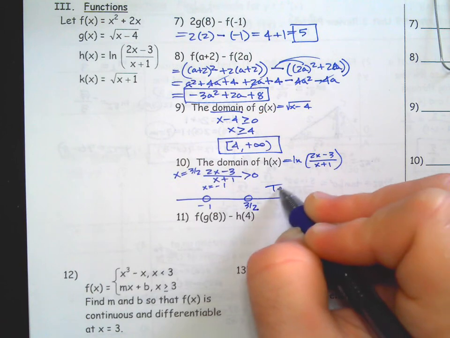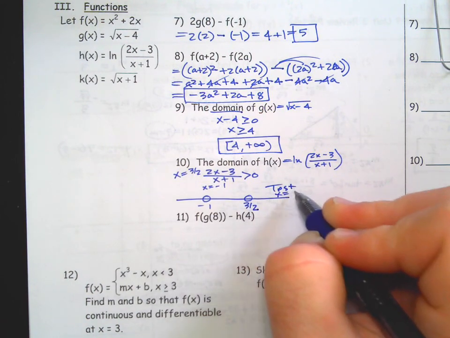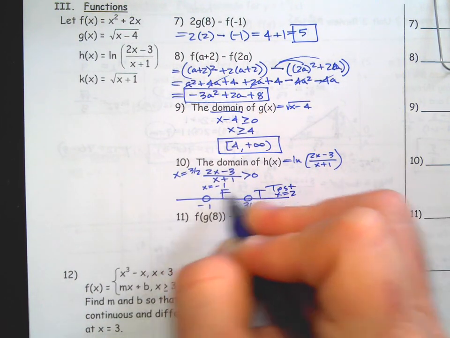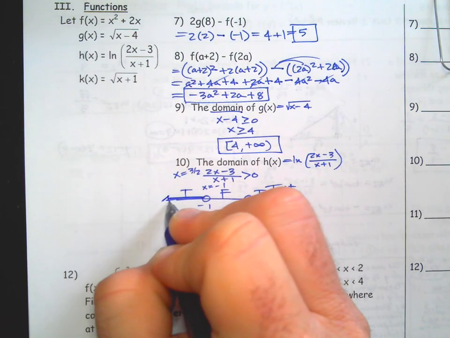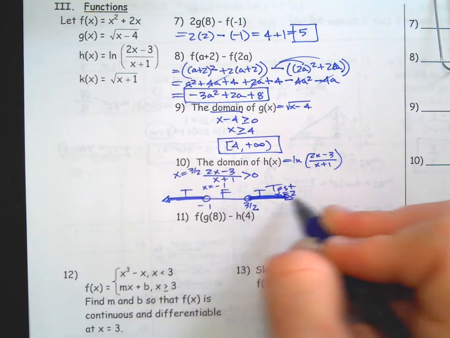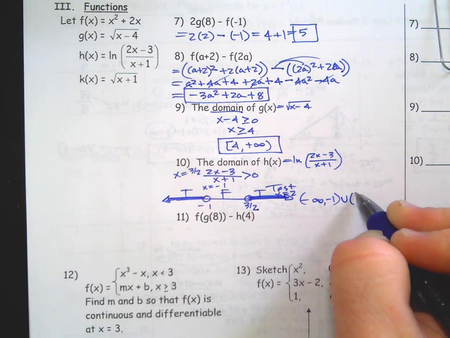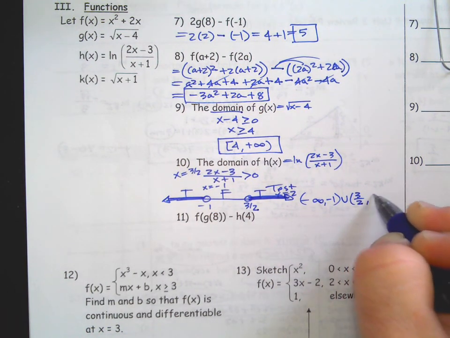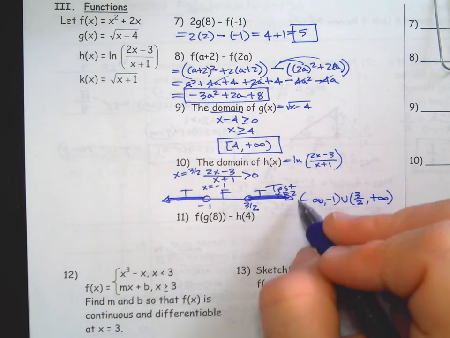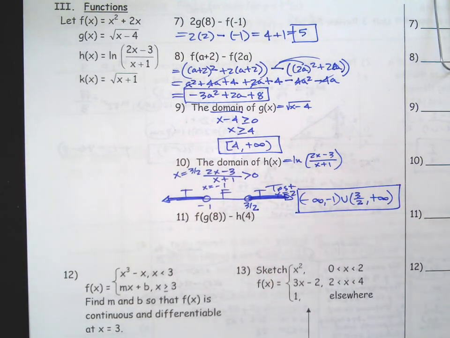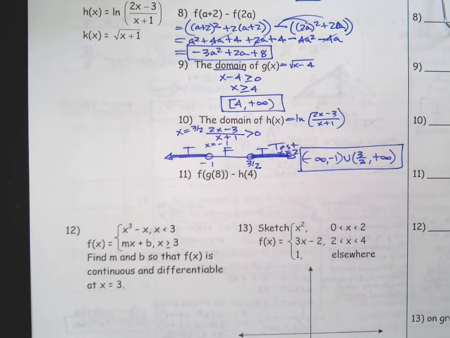Test a value like x equals 2. It's all positive, true, false, true. So your answer is negative infinity to negative 1 union 3 halves or 1.5 to positive infinity. So doing a lot of domain stuff this unit.